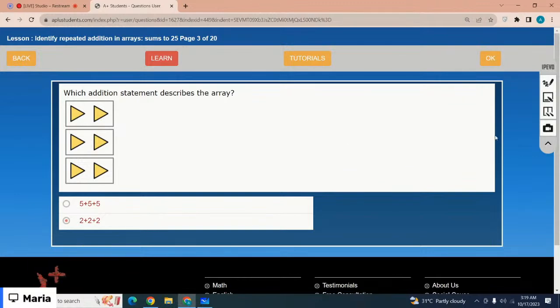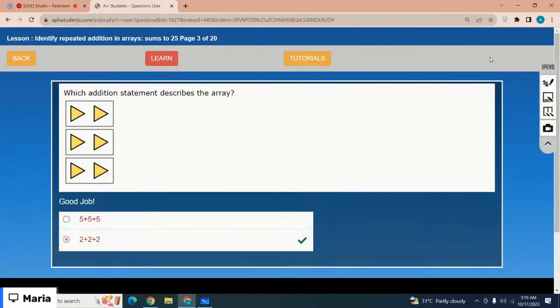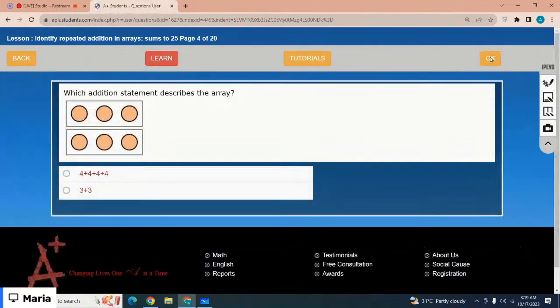Very good. 2 plus 2 plus 2 is the correct option. Which addition statement describes the array? Which is the correct option? The correct option is, very good, option number 2. 3 plus 3 is the correct option.